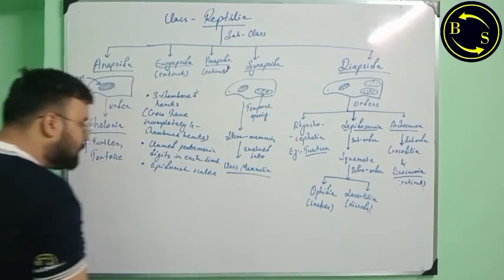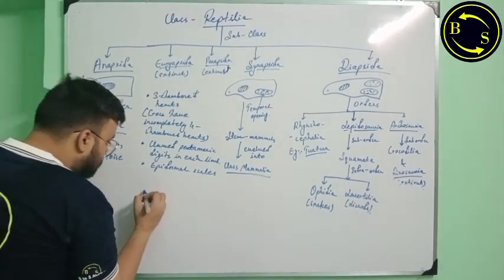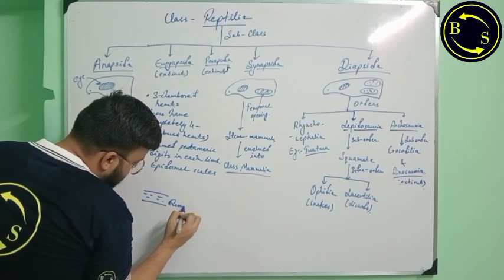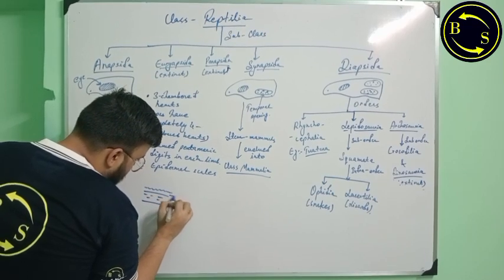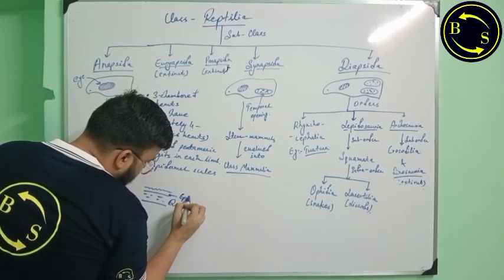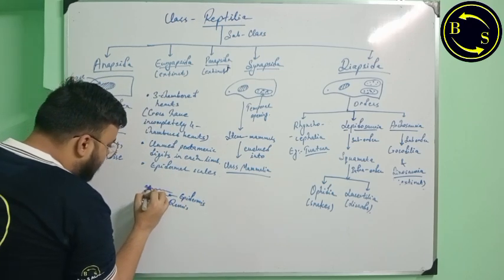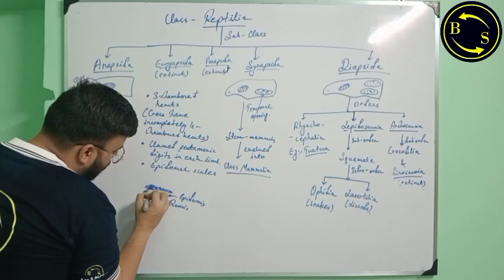What are epidermal scales? This is the dermis. This is the epidermis, and the top of the epidermis, in mammals we have the stratum corneum.